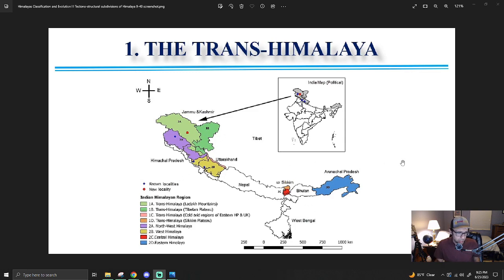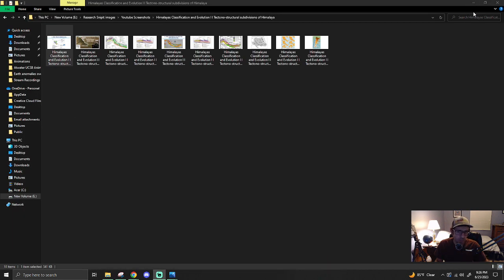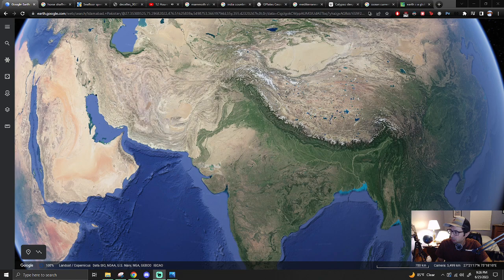Something he said in here. And then this is where the Eastern syntaxis is, the Namcha Barwa, and then Nanga Parbat is the western, I guess, where the mountains actually bend.